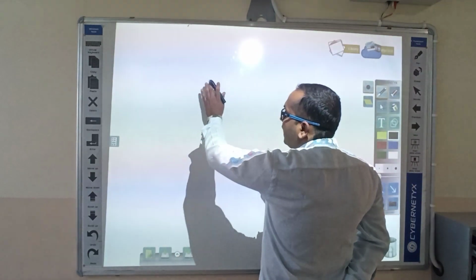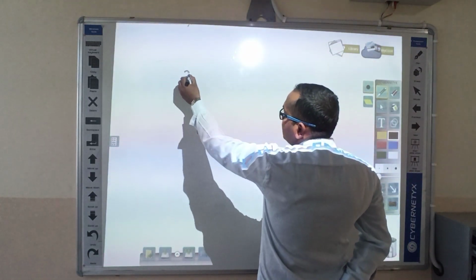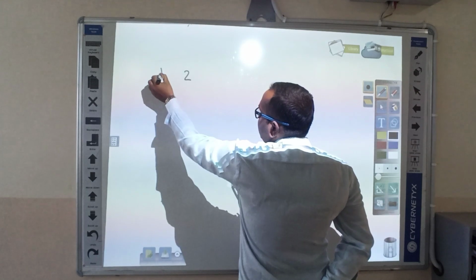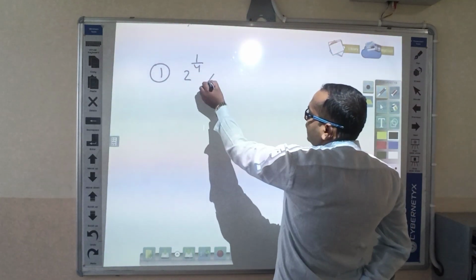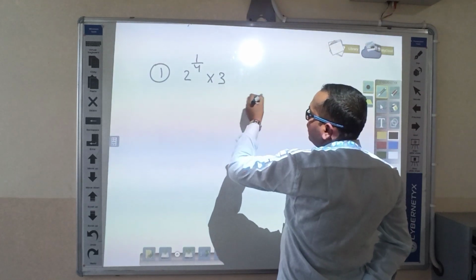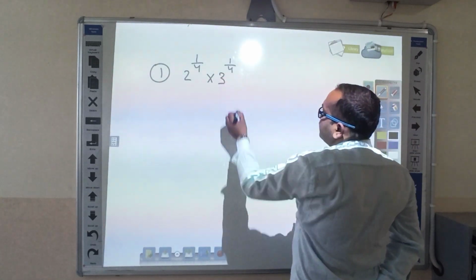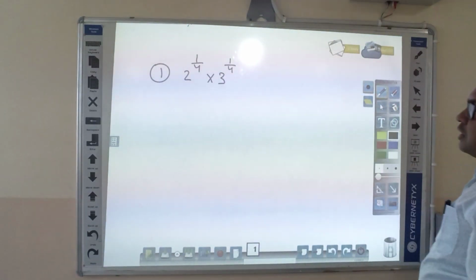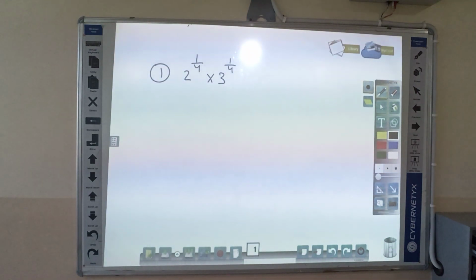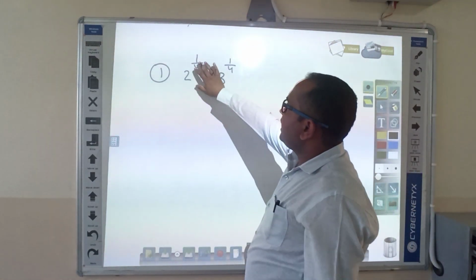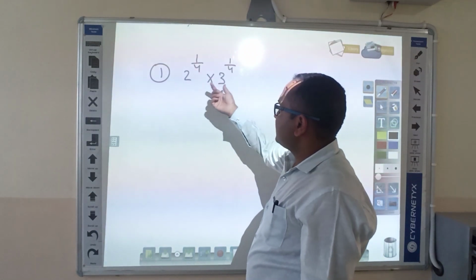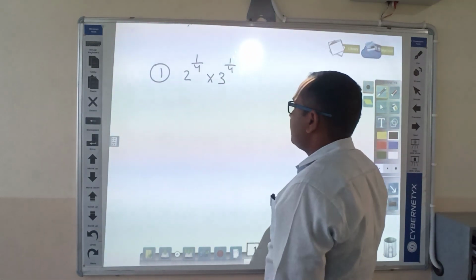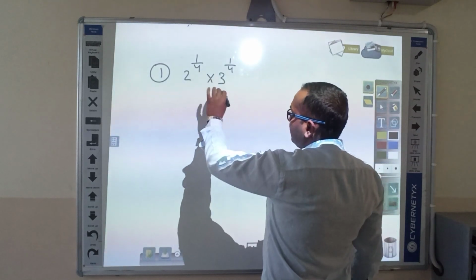Suppose the power is in reciprocal form. Suppose the question is 2^(1/4) × 3^(1/4). Here the exponents are in fractional form, but the bases are whole numbers, prime numbers, natural numbers.